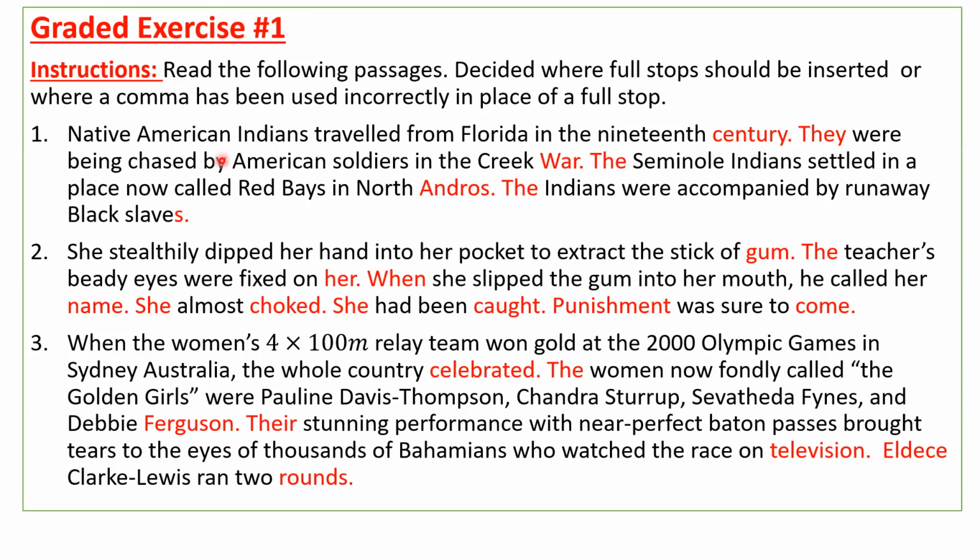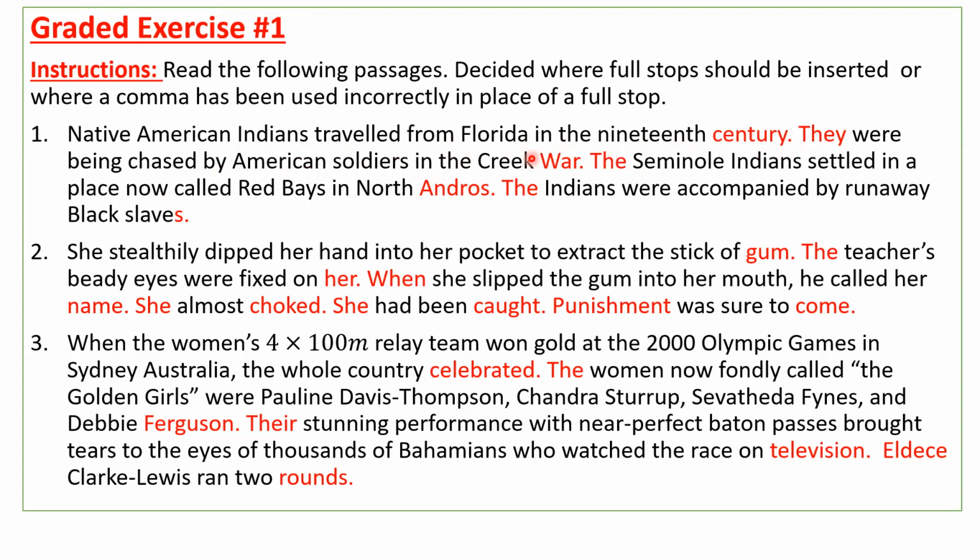Native American Indians traveled in the 19th century, comma, they were being chased by American soldiers in the Creek War. Those two are independent clauses. You can't combine two independent clauses with a comma. You could use a conjunction, and that would have worked. But you can't just put the comma there.